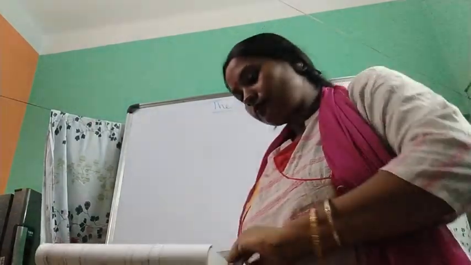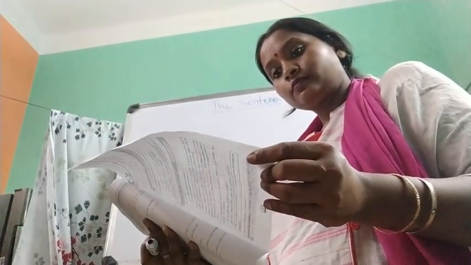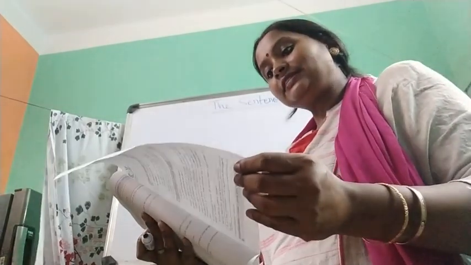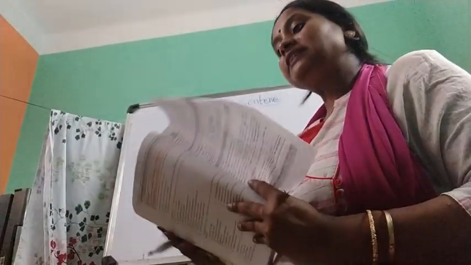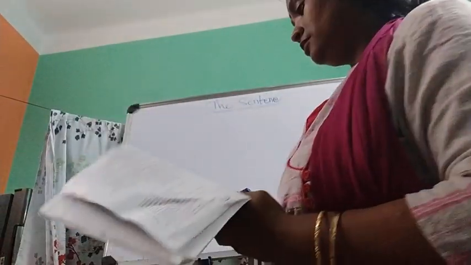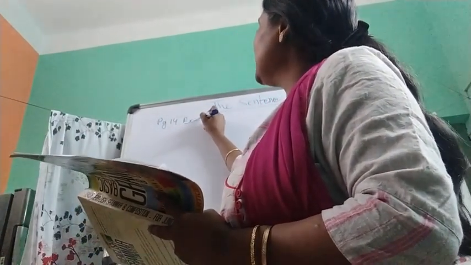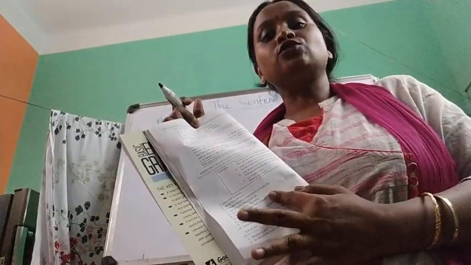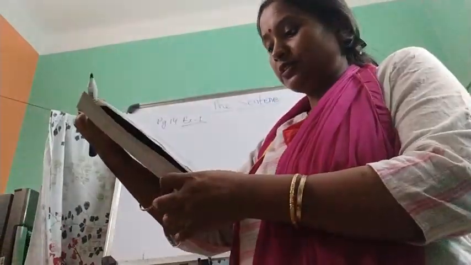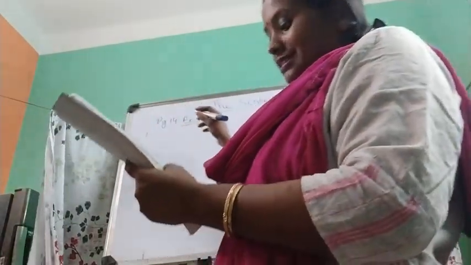Now, see exercise number 1, page number 14. What does it state? Again, jumbled sentences. You need to write them in proper order and punctuate the sentence properly. Now, see, rain will it today. The first sentence, number 1, what does it say?